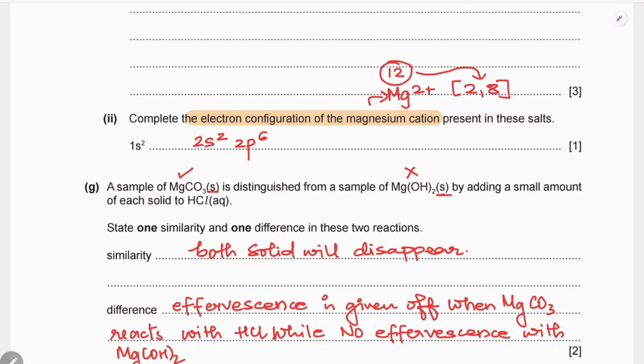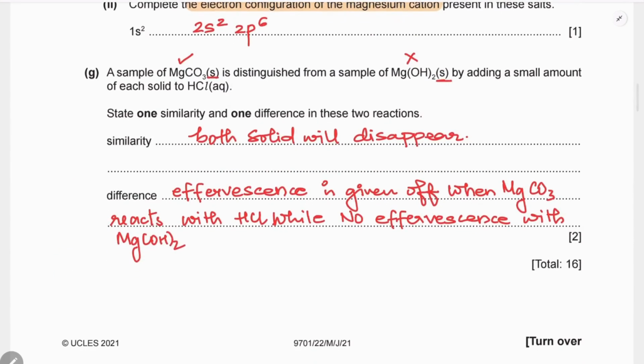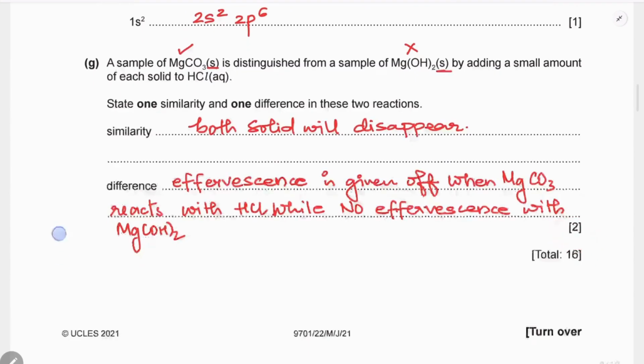Then the difference is that effervescence is given off when magnesium carbonate reacts with HCl. There will be bubbling, bubble formation, effervescence when we add magnesium carbonate to HCl. But while talking about magnesium hydroxide with HCl, there will be no effervescence observed. So this is a difference between these two. So a total of 2 marks.